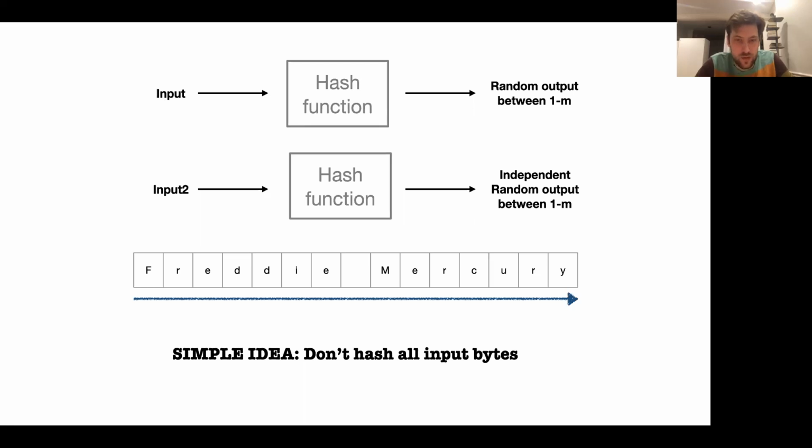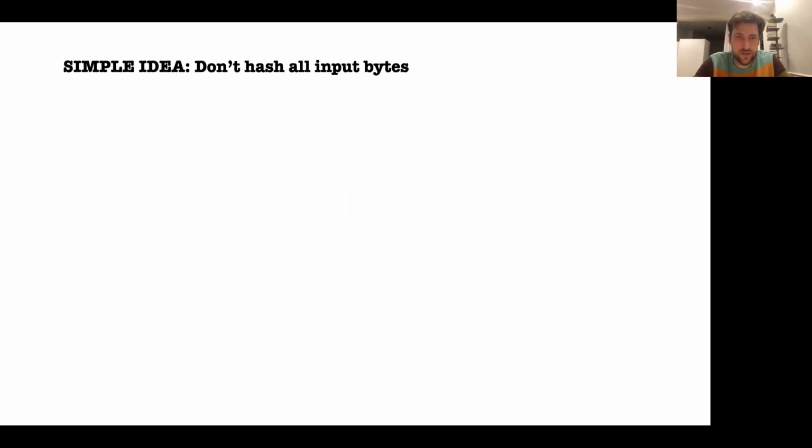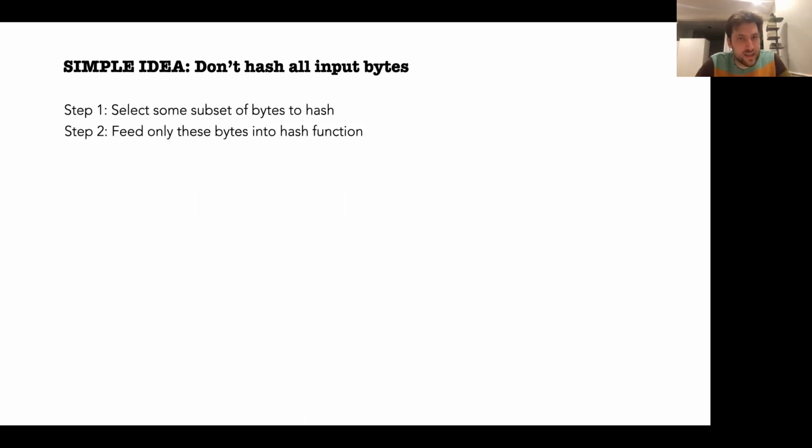So what happens if we pre-process data, trying to decide in a smart way that we're only going to use certain bytes in the evaluation of our hash function? To be more clear, we're going to select some subset of bytes to hash and feed only these bytes into the hash function.